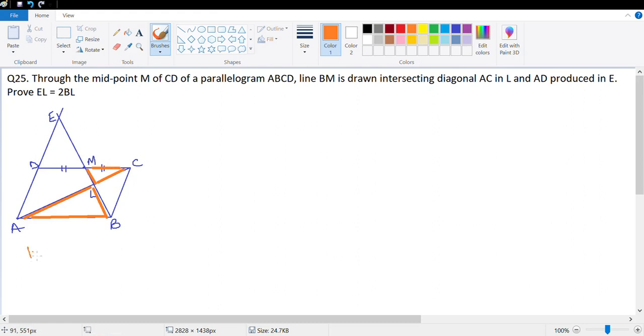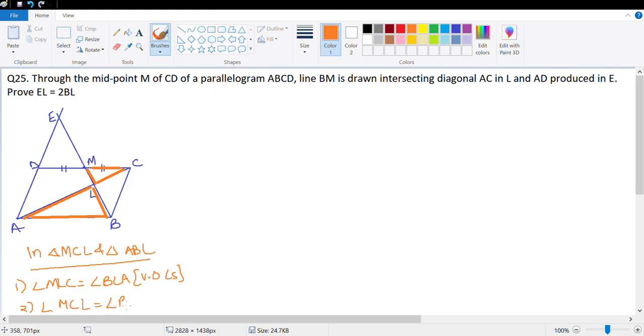So in triangle MCL and triangle ABL, point number one, angle MLC is equal to angle BLA. Reason, vertically opposite angles. Point number two, angle MCL is equal to angle BAL.